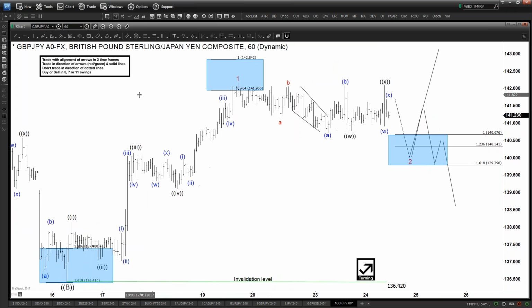So that's what the pound yen can do maximum: instead of finishing in this blue box, it bounces and this then becomes the black W, the black X, and the red 2 goes here.